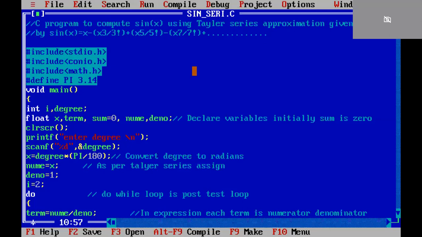In the denominator, you can see that the number is also incremented by 2, along with the factorial to be computed. I'm showing you this because you need to know perfectly how the original mathematical equation looks compared to C-like statements. Let's continue with our C program.